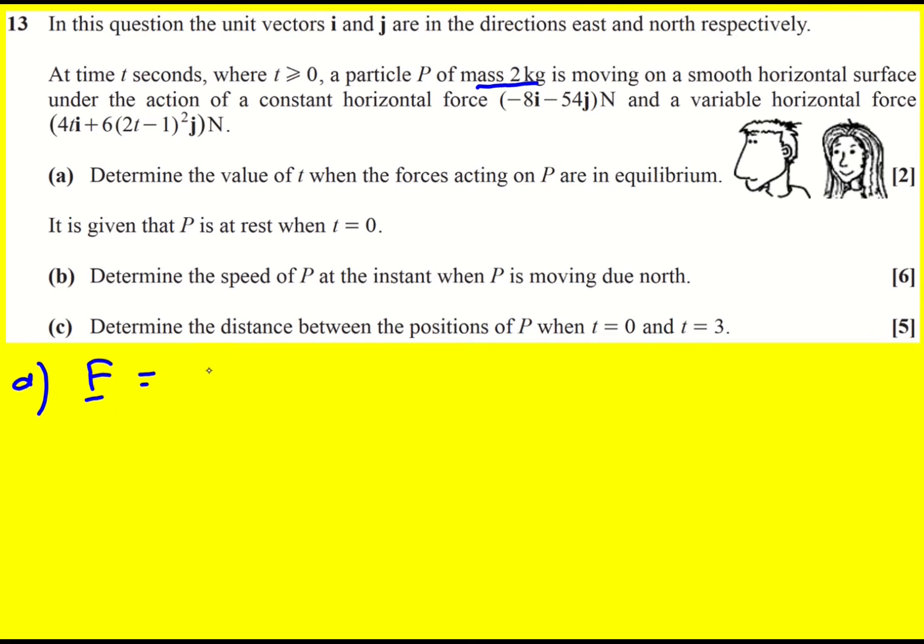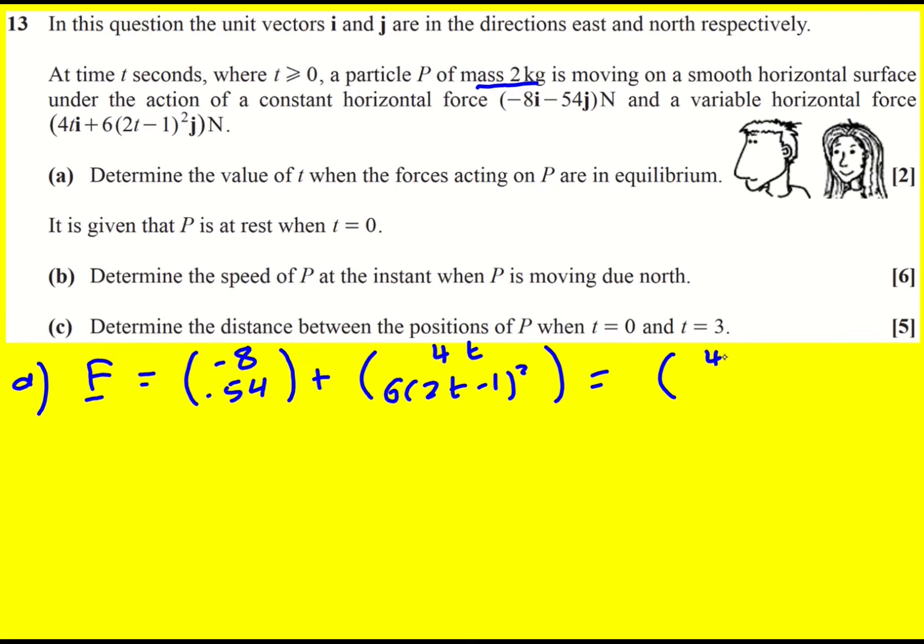F is going to equal this, and I'm going to write it in column form, I just find it a little bit easier. Minus 8, minus 54 plus 4t, 6 times (2t minus 1) all squared. All right, add them together.